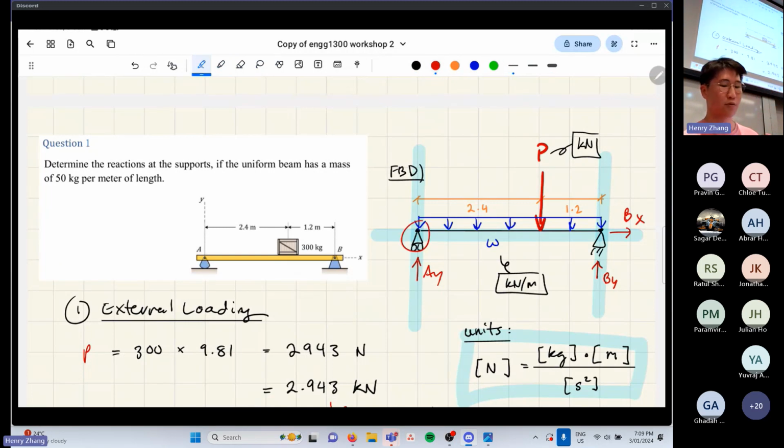So if we take A, we're going to end up solving for B. And if we take the sum of the moments about B, we're going to end up solving for AY, right? That's the way you want to think about it. It just happens to be that regardless of whichever point we choose here, A or B, AX is just going to overlap with it anyway. So you're not going to need to solve for that when you're taking the moments, right?